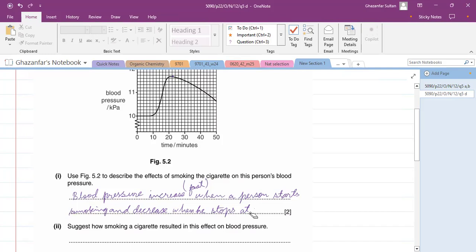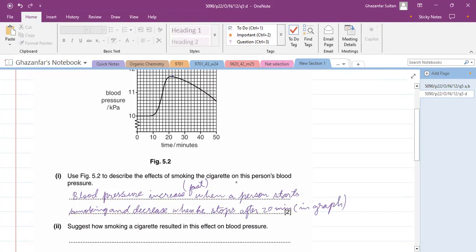You can write after 20 minutes in graph. Mention that it is after 20 minutes in the graph, not after 20 minutes of the smoking. If we are writing this sentence, then we should mention that in graph.